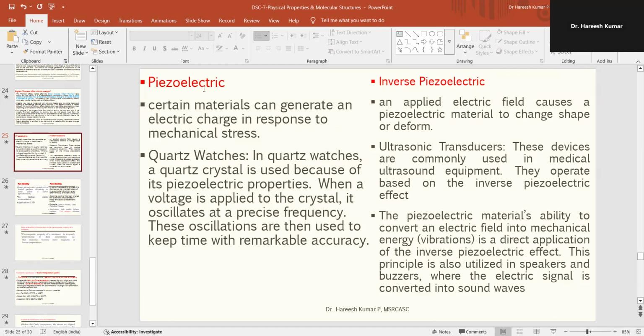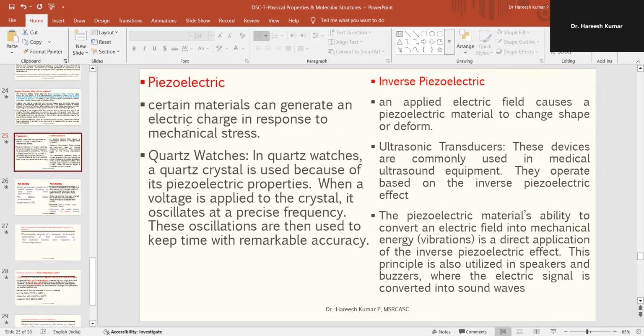So piezoelectric means certain materials can generate an electric charge in response to mechanical stress. Inverse piezoelectric means an applied electric field causes a piezoelectric material to change shape or deform.